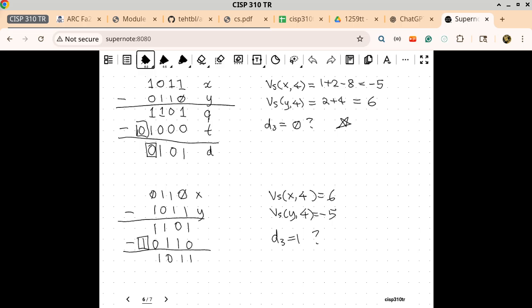So, I'm going to chase down the reasoning here. Why can I tell that the signed interpretation of a bit pattern has to be non-negative if the most significant bit is a zero? It goes back to the definition of VS. What is the definition of VS? What do we do with the most significant bit?